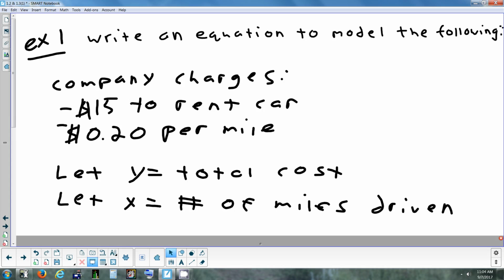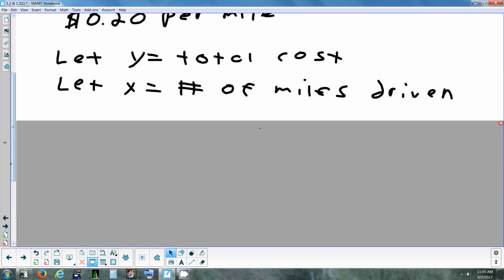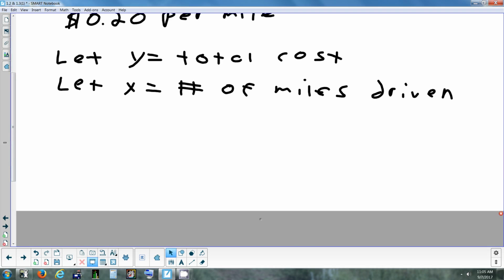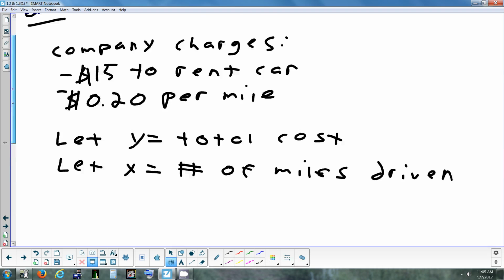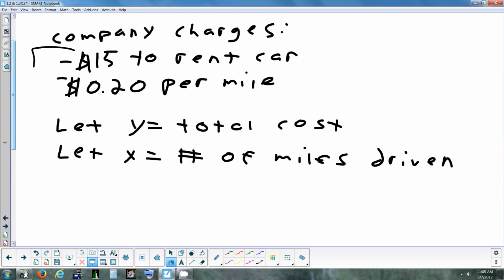And, I mean, I could have used A and B for the variables, but why do you think I used X and Y? What might I be leading to, like, we're going to be doing in a little bit? Yeah, we're going to be doing some graphing. Okay, that's why I used X and Y. All right, so can anyone give me an equation that represents that situation?